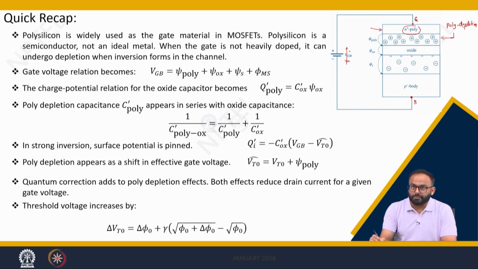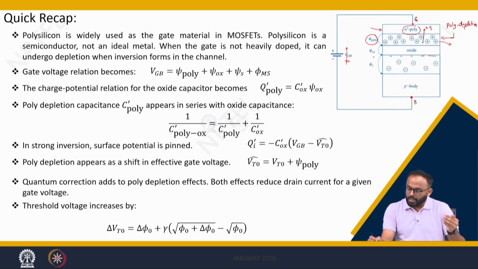As you apply a positive voltage, per positive Q charge at this side, it causes a negative charge at the surface, or it will attract the electrons from this side to this side, correct, and hence this is depleted. Because of the polysilicon depletion, there is a psi poly drop in the system. That is what influences the total potential and charge balance equation of the system.